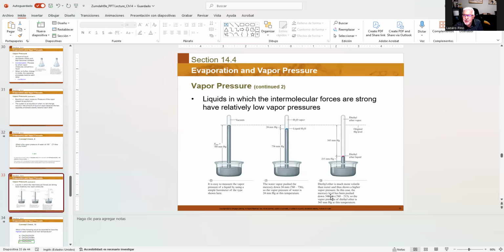In this case, the mercury level has been pushed down to this value. So the vapor pressure of diethyl ether is 545 millimeters of mercury at the same temperature.